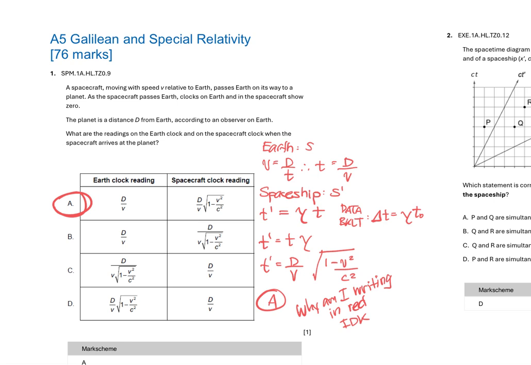And so the delta t we'll call t prime. So we wind up with t prime is t times gamma. And we just established that t on Earth is d over v. So we have the spacecraft clock reading as d over v times radical 1 minus v squared over c squared. And we have choice A.